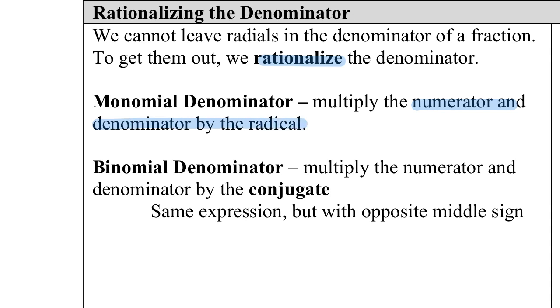Now, if it's a binomial, something like 2 plus square root of 4, or 3 minus square root of 5, any of those are binomials. A monomial would just be square root of 6, just a square root. If you have a binomial, you're going to multiply the numerator and the denominator by the conjugate.